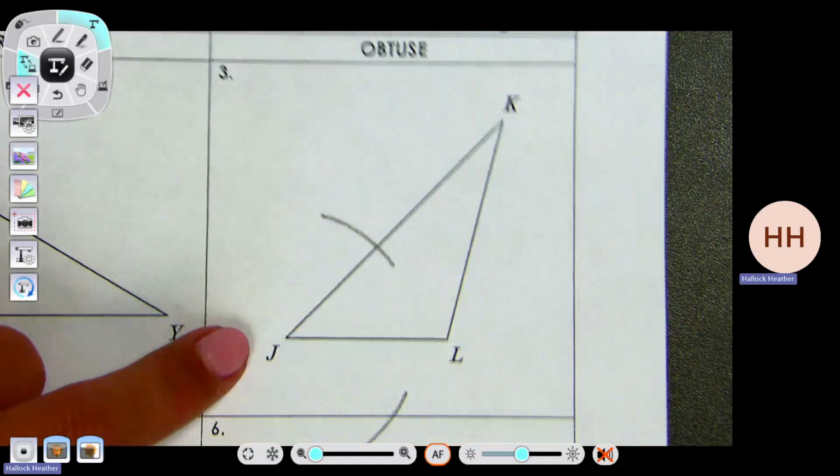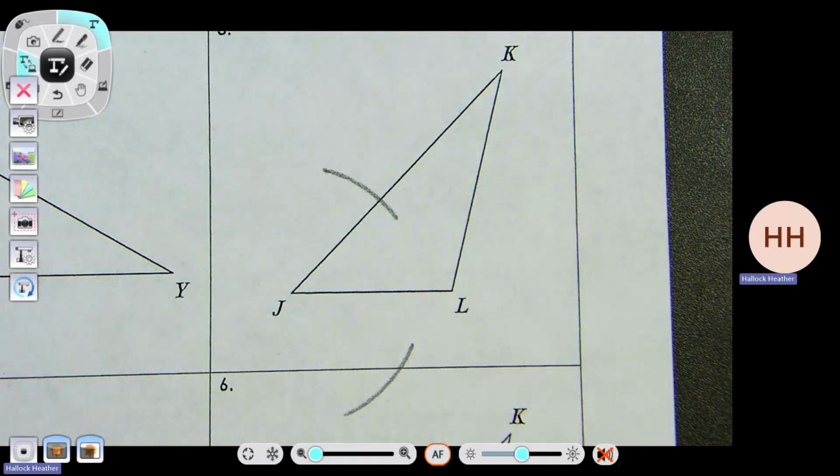You're going to do the same thing at L. You're not moving the measurement. The measurement stays the same. Just go back and forth many times.